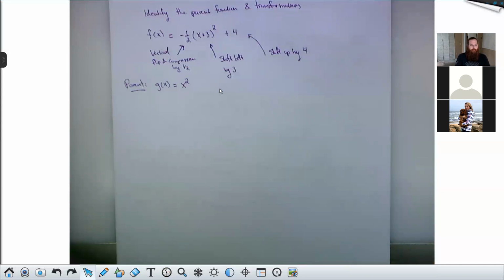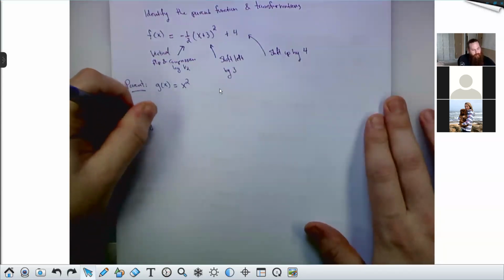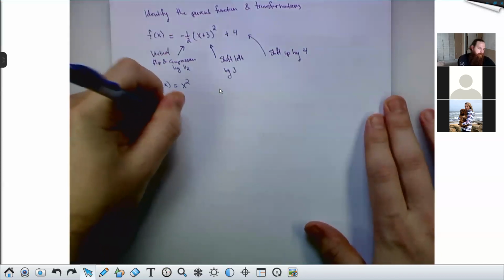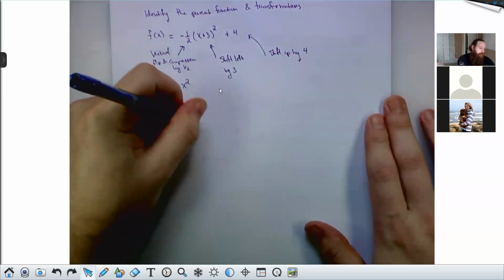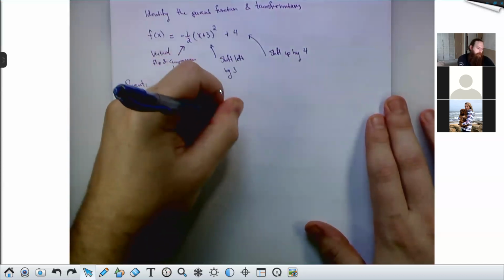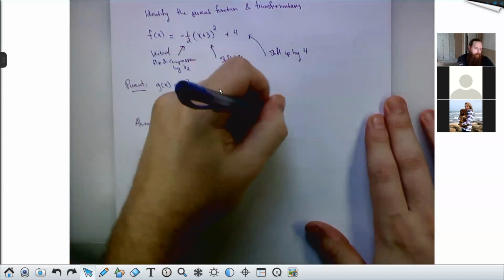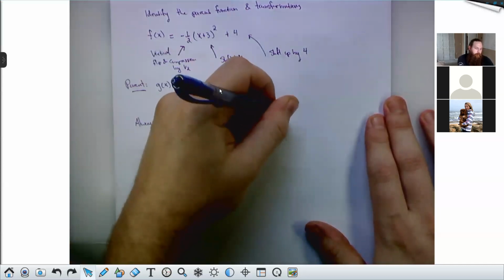But here's my advice. Always apply horizontal transformations first. So horizontal transformations before vertical.